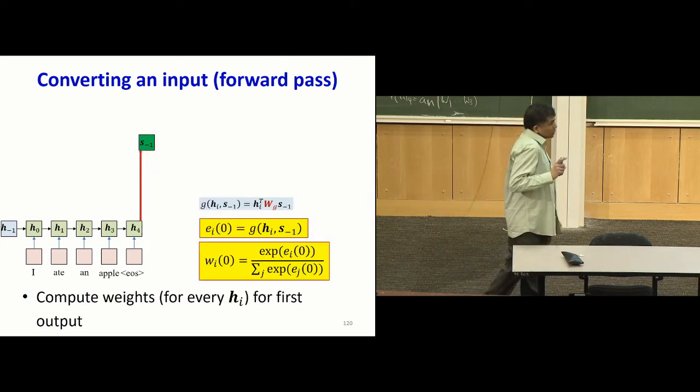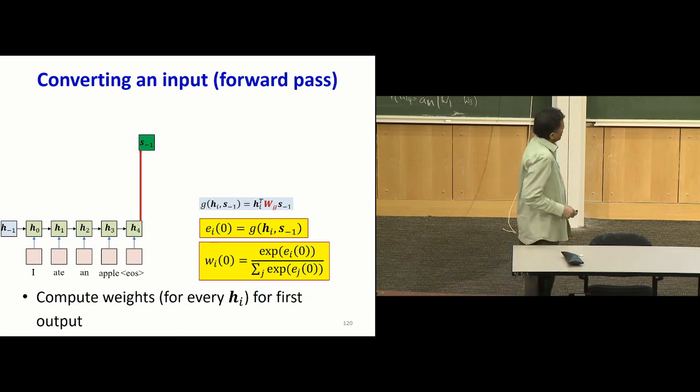Then in order to produce the first output, the first thing we would compute is a raw weight for every one of these input time instants, and that raw weight is going to be a function of the h's and the initial output state.